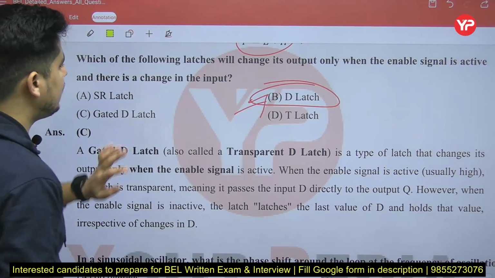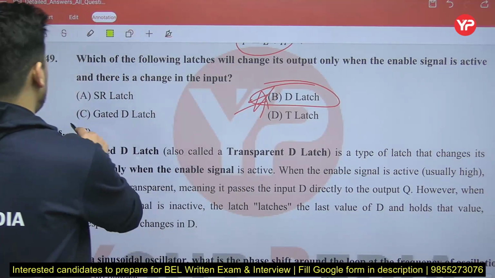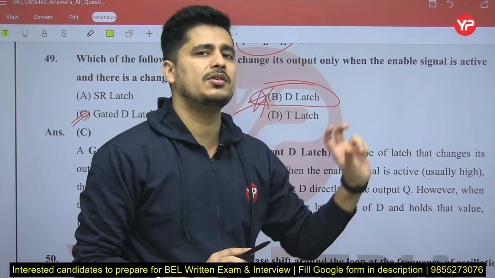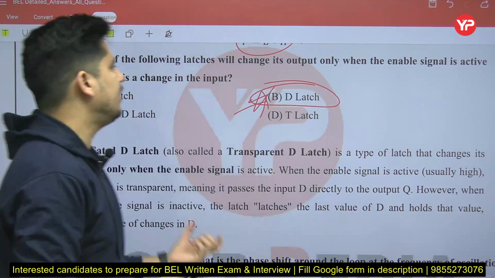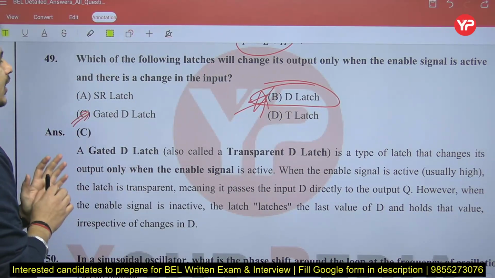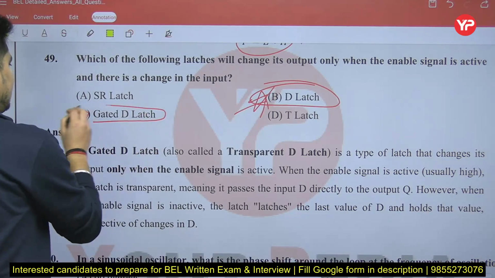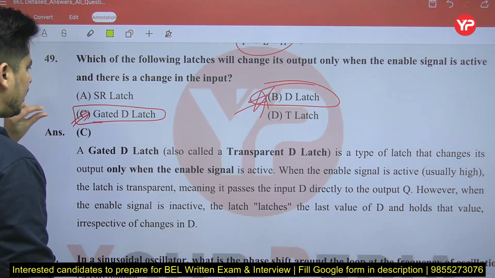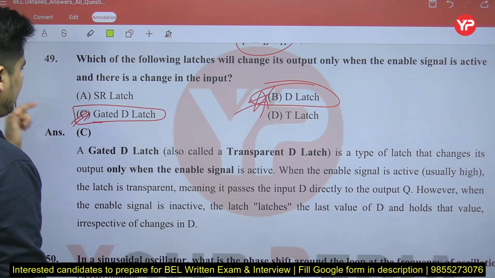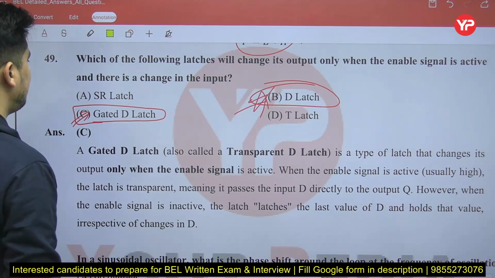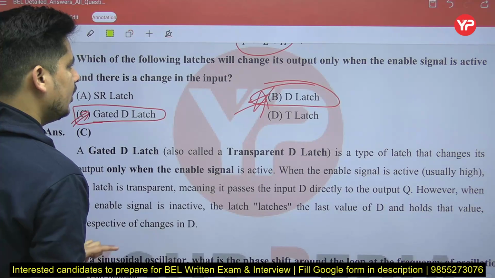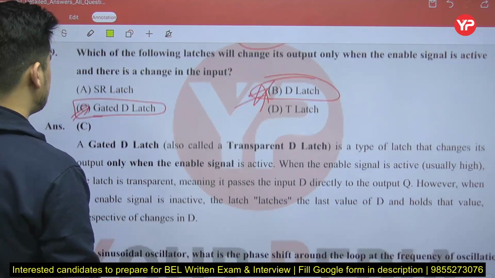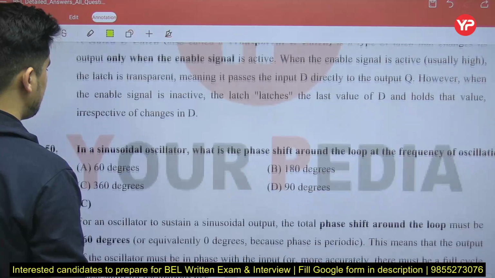Oh, sorry, gated D latch, not D latch, because in a normal D latch there will be no enable. If we have a gated D latch, it means there is an enable signal we introduce with the gated terminal. So the gated latch is called a transparent D latch. When you have an enable signal of 1, then your output will change as your input changes.